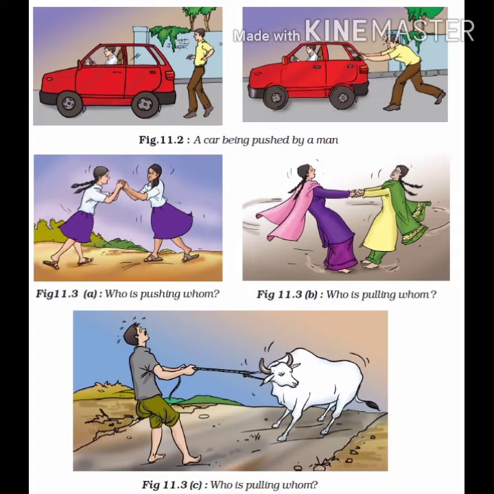So there is movement of the car by the application of force. There is contact between the two objects, that is the man and the car. From these examples, we can infer that at least two objects must interact for a force to come into play.